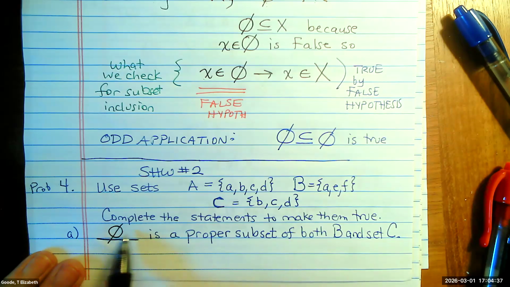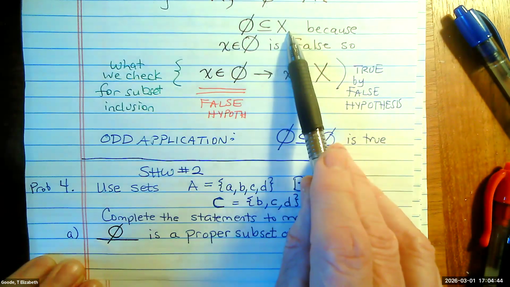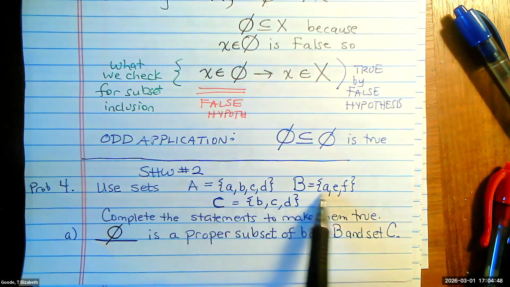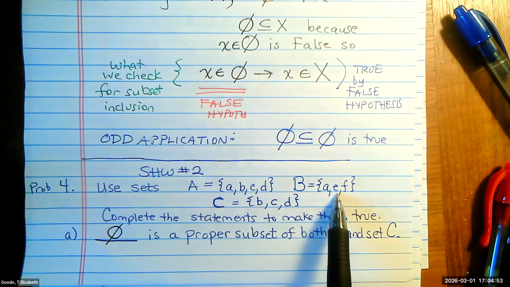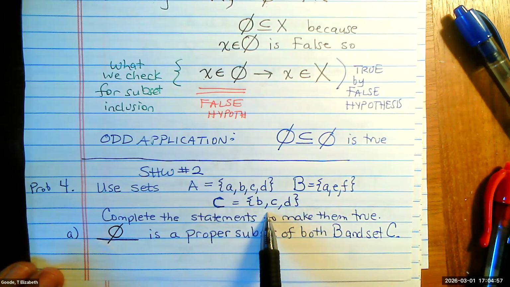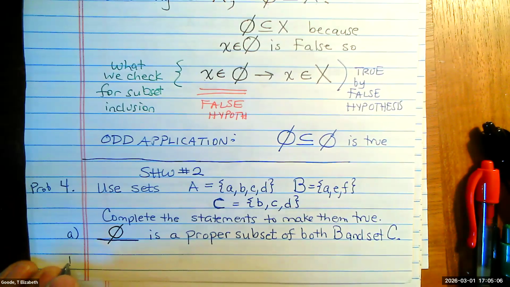The empty set's empty. It doesn't even have any elements. It is a subset of B because the empty set is a subset of X for any set X. And since B is not empty, the empty set is a proper subset of B. The empty set is a proper subset of C for the same reason. It's the only possible answer to that. Does that make sense? Mm-hmm.